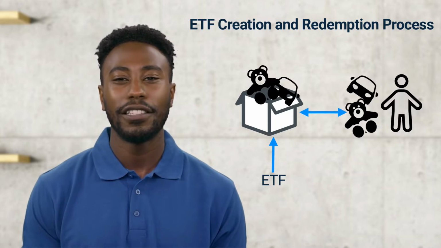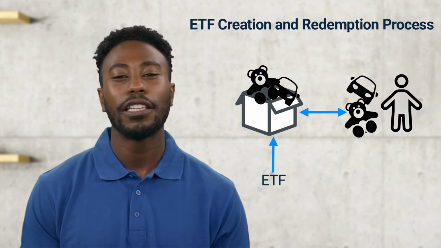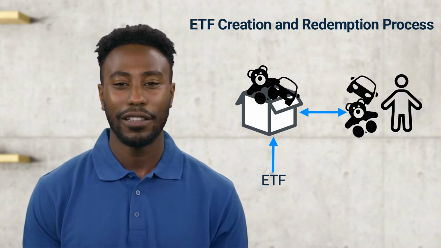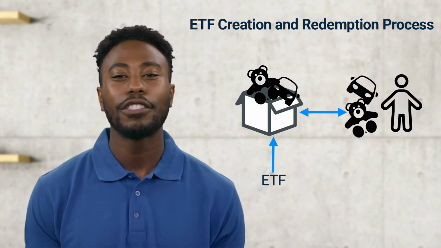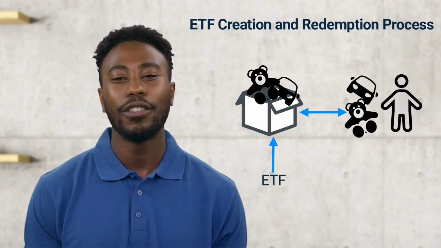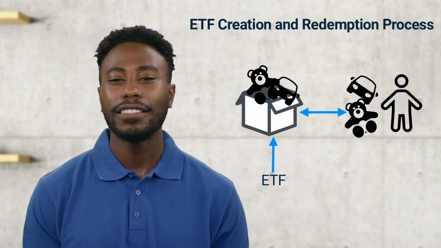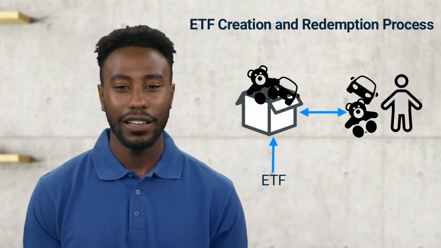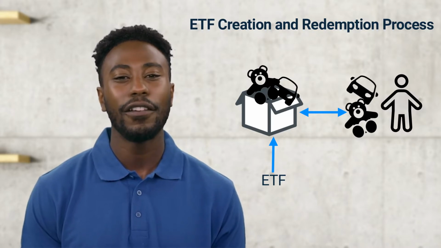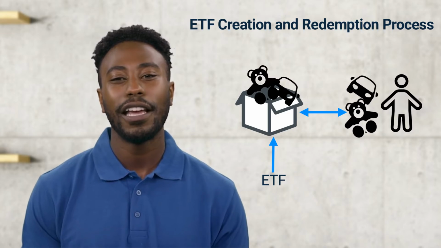The same applies if you have a toy box. You can give it away and get all the individual toys that were inside. This is just like an in-kind creation/redemption process in an ETF. You're swapping a whole set of assets, toys, for shares in the ETF, the toy box, or vice versa, instead of trading each asset individually.